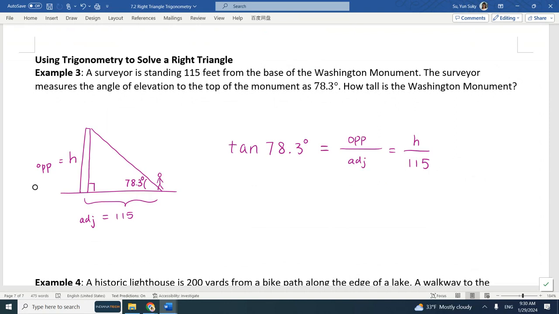How do you solve for H? Yeah. Good. Both sides multiply by 115. So H is 115 times tangent of 78.3 degrees. And give me 4 decimal places. Everybody put this in your calculator. What do you get?